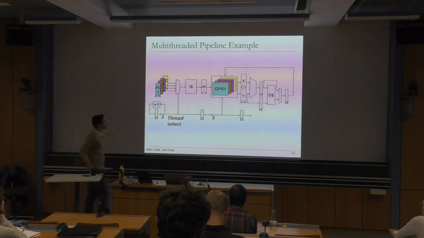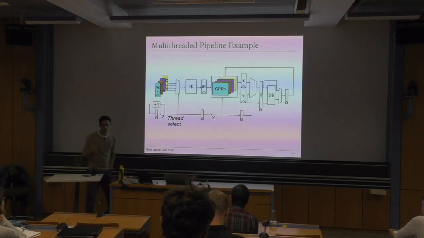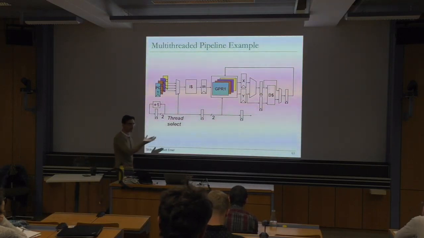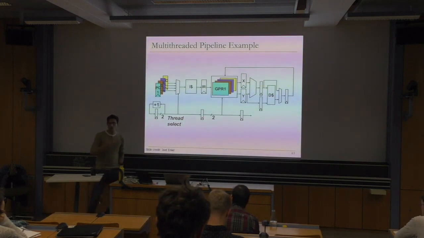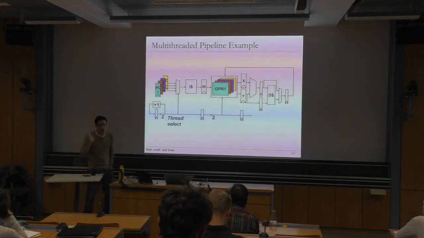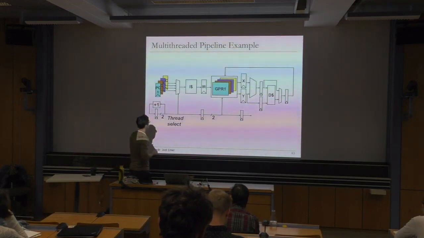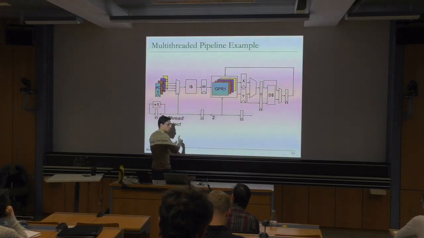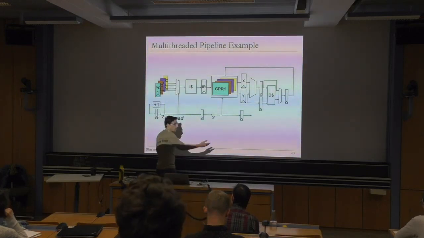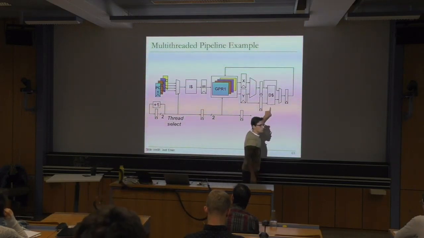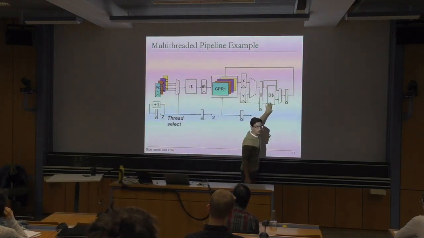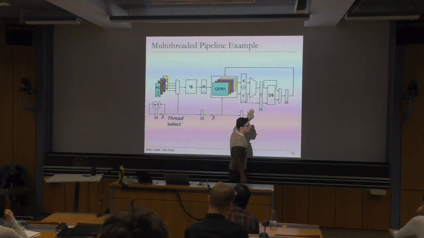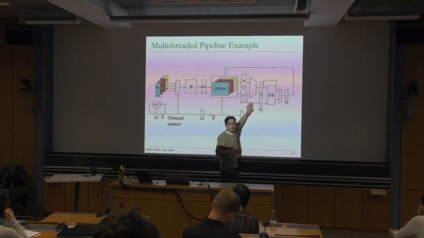So one thing that we could do is say, okay, because these days we have a lot of parallel programs, we want a machine that is able to run multiple threads at the same time. Maybe these threads belong to the same application or not. Maybe they are simply different processes. In this example we have 4. If we interleave the execution of instructions coming from these 4 threads into this pipeline, when we have to stall because, for example, we have a memory access, the instruction that is in the ALU belongs to a different thread.